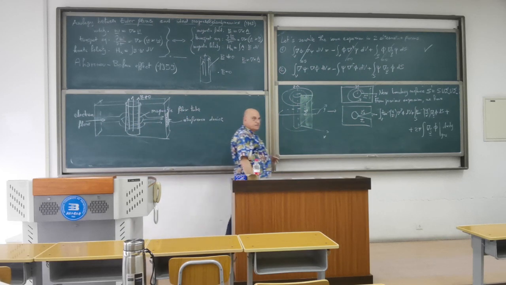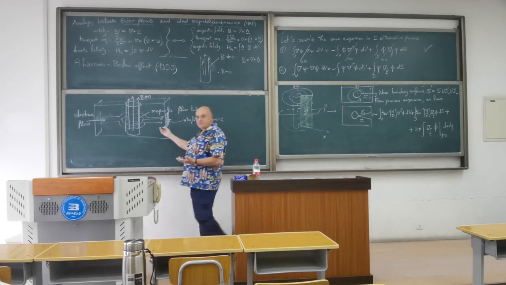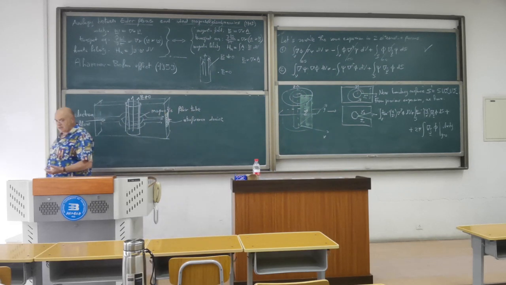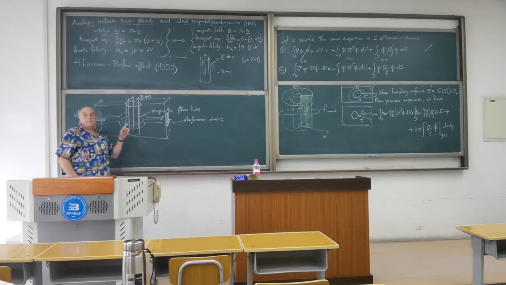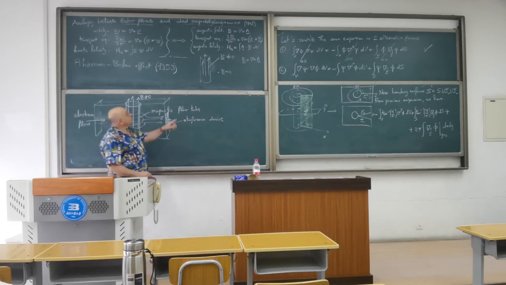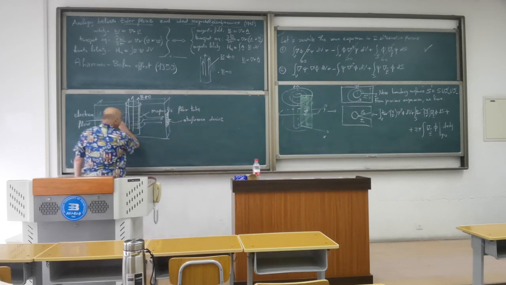Now, in classical physics, you cannot detect any difference. But in the quantum context, the path followed, through A, the vector potential, is different.